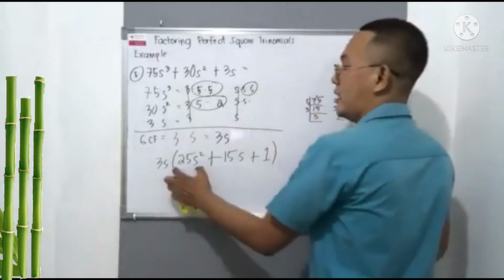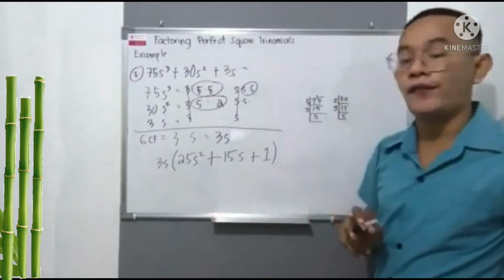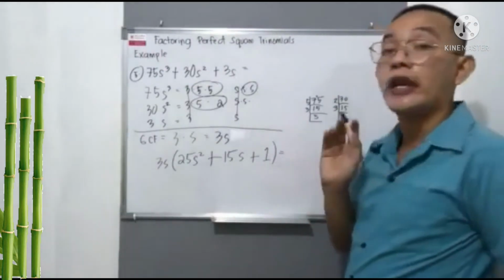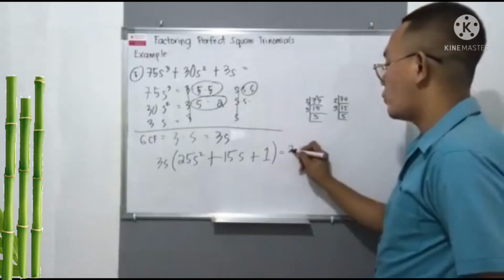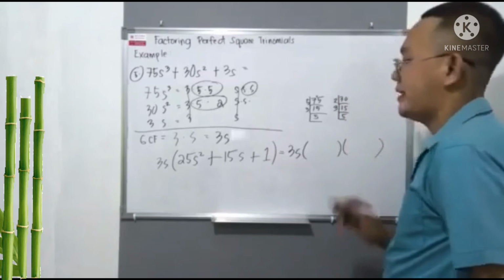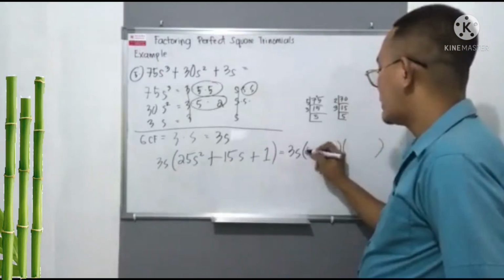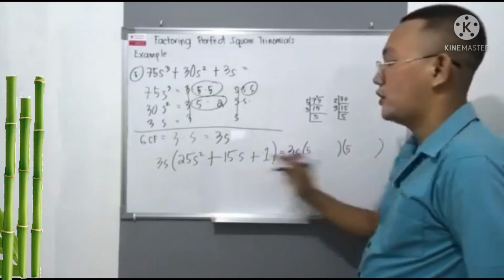Okay, pansinin natin, 25s squared is a perfect square. And 1 is also a perfect square. So, pwede na natin kunin yung factor nila. Okay, so we have 3s times, gawa tayo ng dalawang parentheses. What is the root of 25? The root of 25 is 5 times 5 is 25.